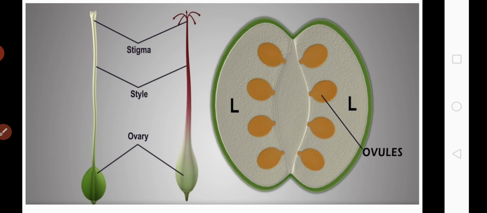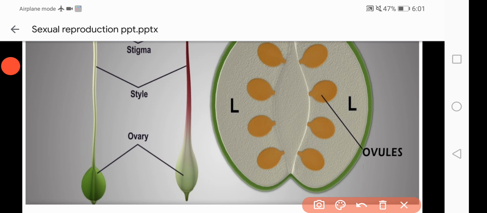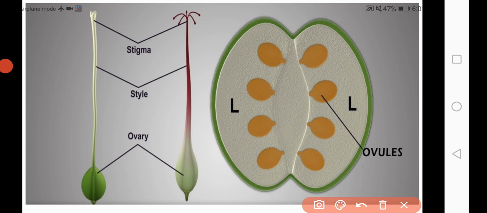So in this picture you can clearly observe the locules. What do you mean by locule? Locule is nothing but the ovarian cavity, or the cavity present within the ovary. Now in the locule, placenta is present. This portion is the placenta, and from the placenta many ovoid bodies are produced, and these ovoid bodies are nothing but the ovules.